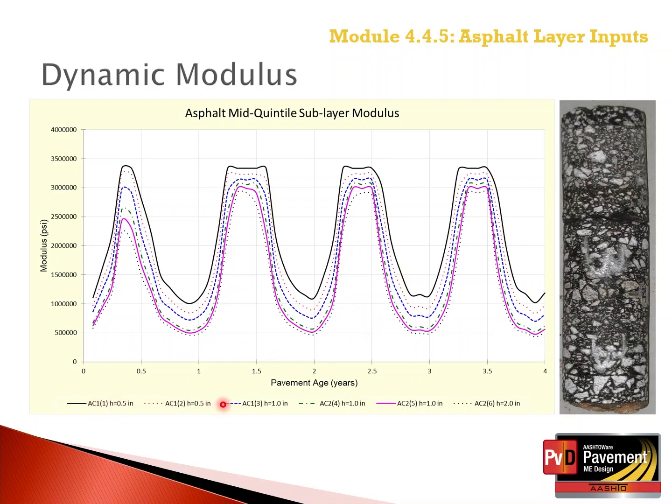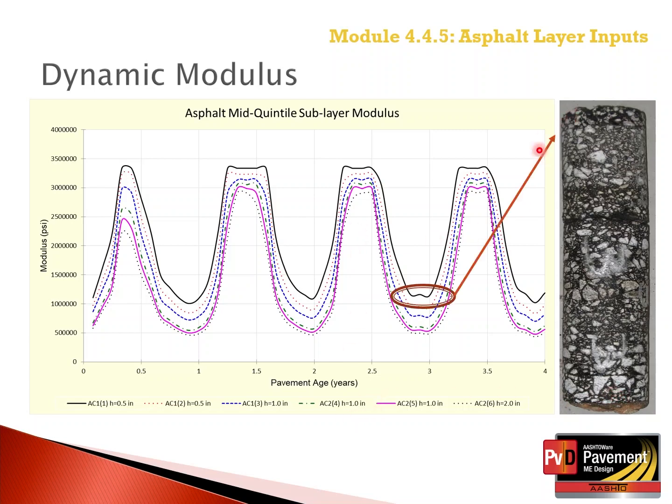So these are the sublayers that the program divides the asphalt layers into. And then the dynamic modulus is dependent upon the time of loading between the surface, the mixture that feels the load at the surface, and the lower asphalt layer that feels the load, truck load, over a longer period of time or lower frequency.